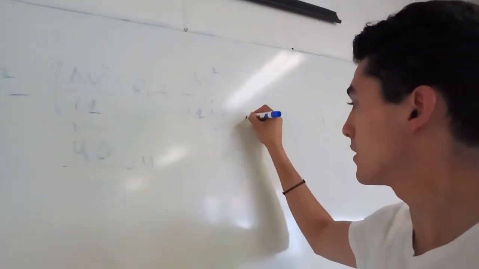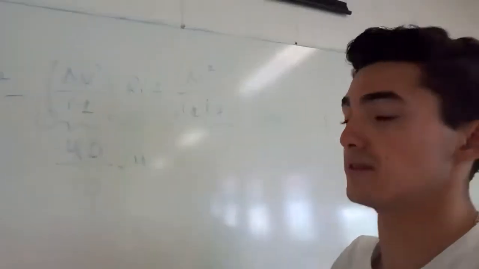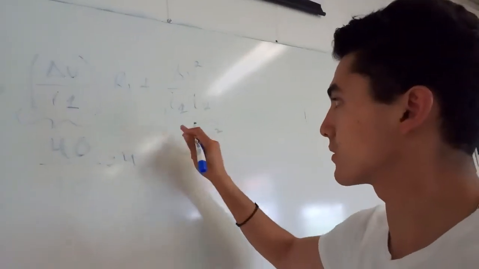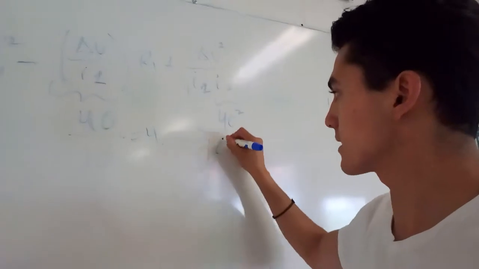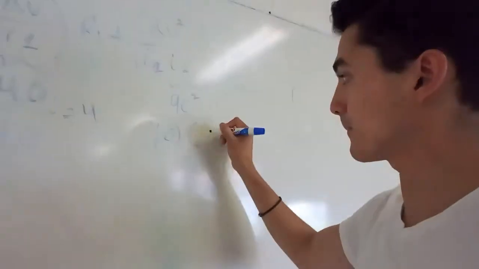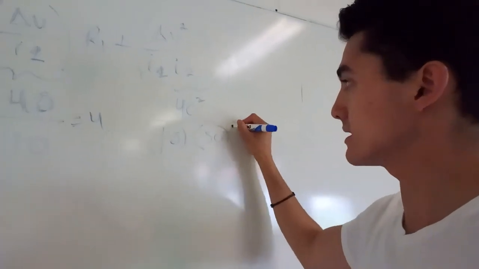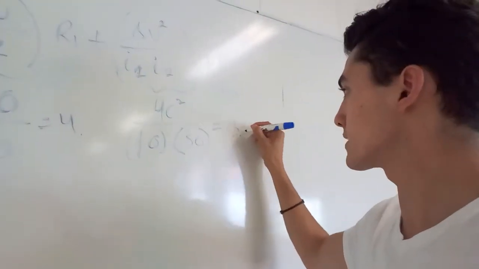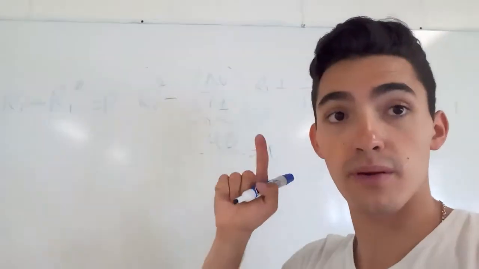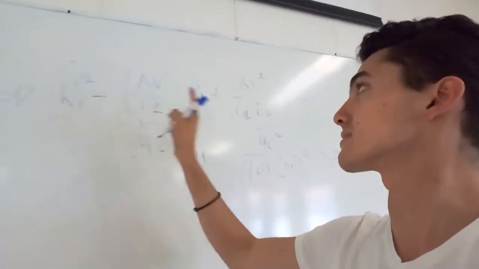And then here we are given that the difference in voltage is 40, so it's 40 squared, and here we know that it's 10 times, and we know that the current 2 is equal to 50. So this is equal to 3.2, okay? So we are using these values, and the only variable that is missing is the resistance 1.